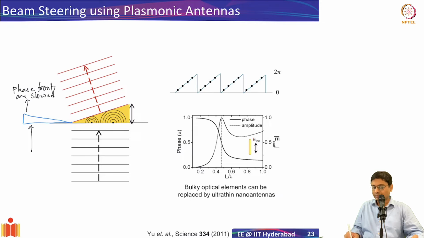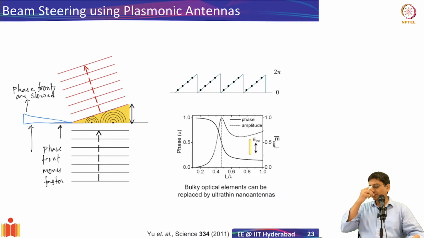The reason they are slowed down is because there is a thicker piece of glass, whereas on the other side, the phase fronts move faster. When such a scenario happens, the overall envelope of these Huygens wavefronts will be tilted in this fashion, and then the beam bends. That is a fundamental way of thinking about it, and that's what a prism does, essentially.